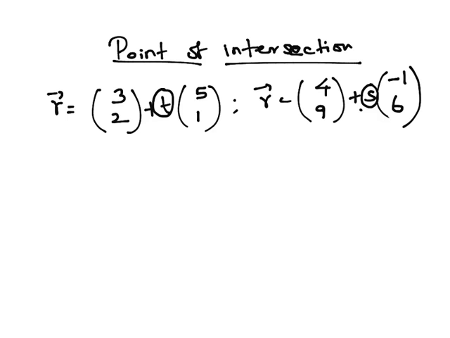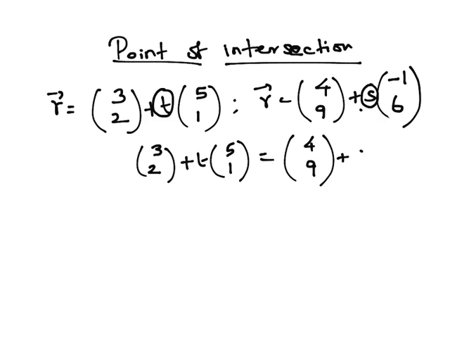Okay, so to find the point of intersection, the first thing you need to do is you need to equate both the equations. That means 3 2 plus t times 5 1 equals 4 9 plus s times minus 1 6. So this is the first thing you should do. Okay, the second thing is, now you get 3 plus 5t, 2 plus t, isn't it, students?